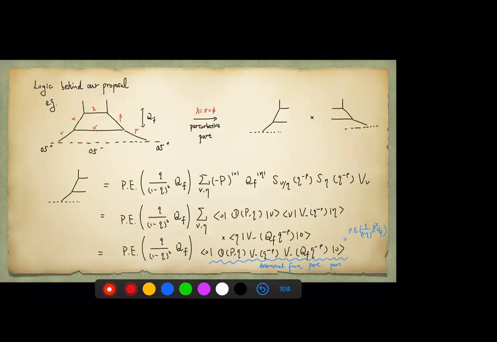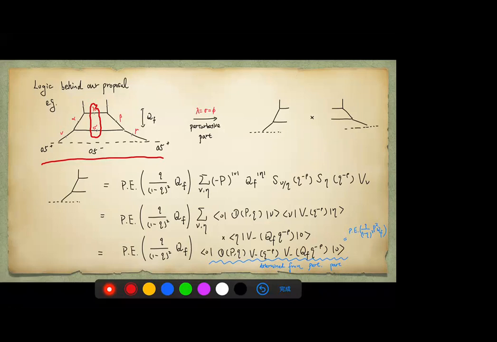And now, finally, I can answer the question of Satoshi, how we got the proposal, what the logic is behind our proposal. For example, if we consider the SO(4) brane diagram again, we can consider the perturbative part, and by doing that, we just set these two Young tableaus to be empty.